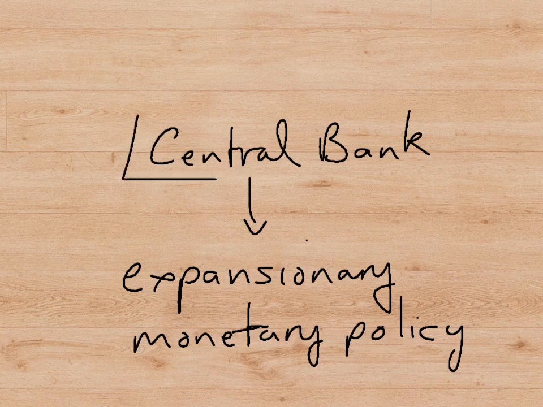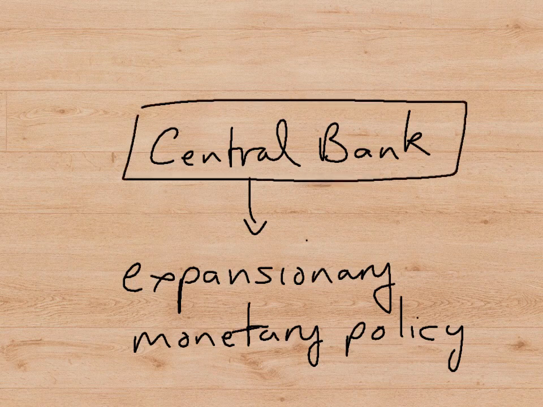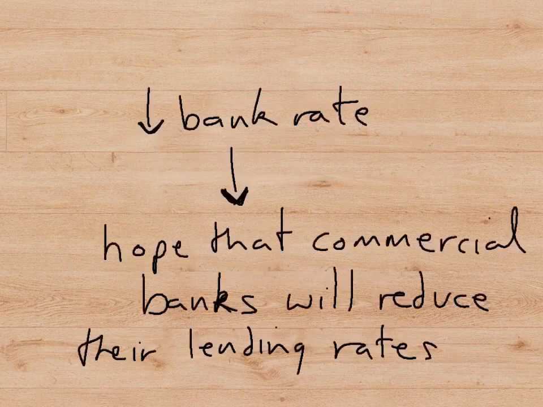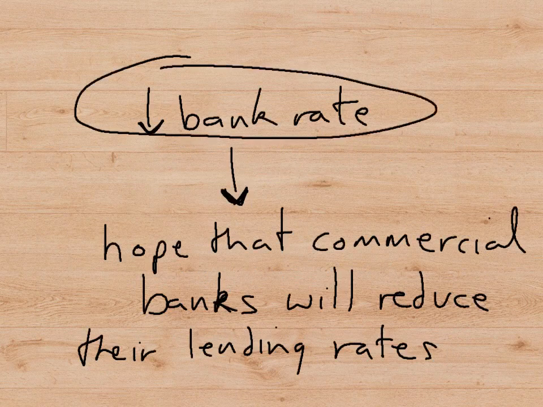So if deflation is a serious danger in an economy, the central bank will engage in expansionary monetary policy. It will change the bank rate in a way that is designed to stimulate or increase aggregate demand. So, of course, that means that it will reduce the bank rate, the rate it charges to commercial banks when they want to borrow money from the central bank.